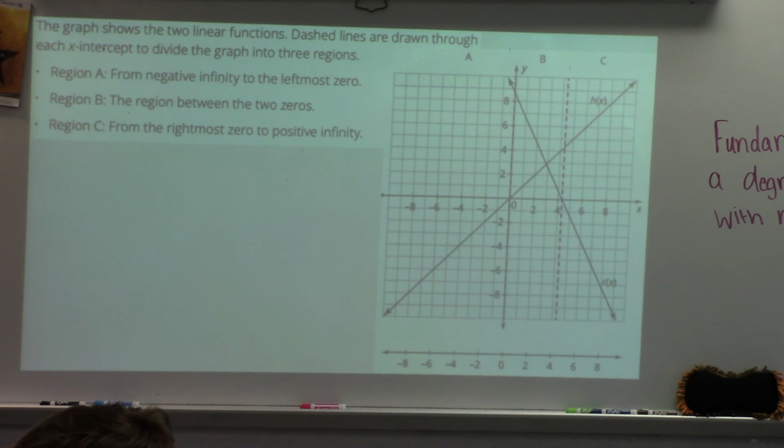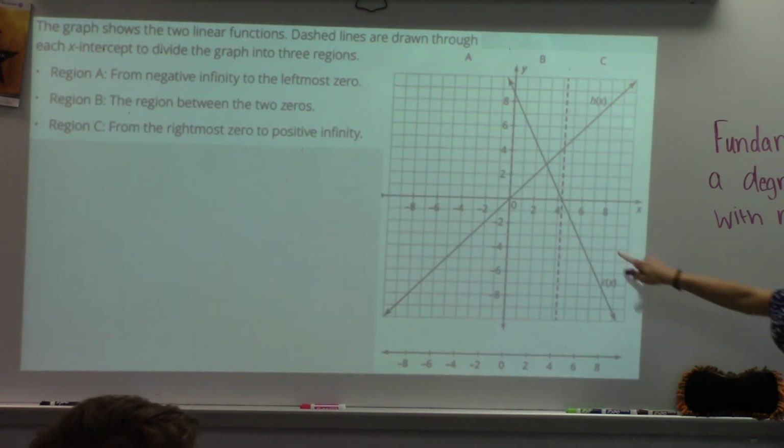So it graphed our 2 linear functions, and then notice how it divided this coordinate plane up into 3 regions. What did it divide them up based upon? How did it know where to split this plane up? Just trying to find the zeros. Okay. One's for 0, the exact one.